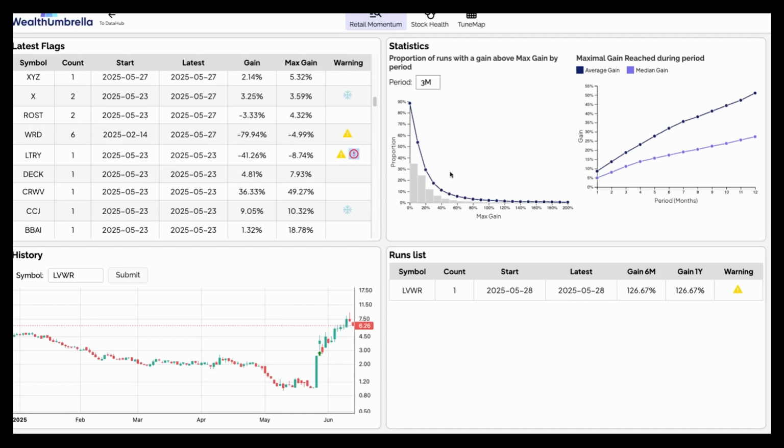Now I'll go across the statistics here. Those graphs may look confusing, but we felt it was important to have them beside the flags to always remind you of what the statistics of each run being a success are. First, the statistics are computed as the maximal gain attained by the stock within the period.